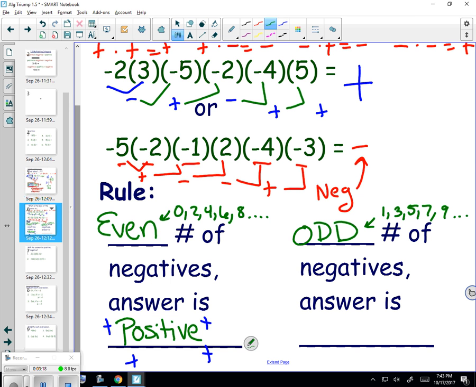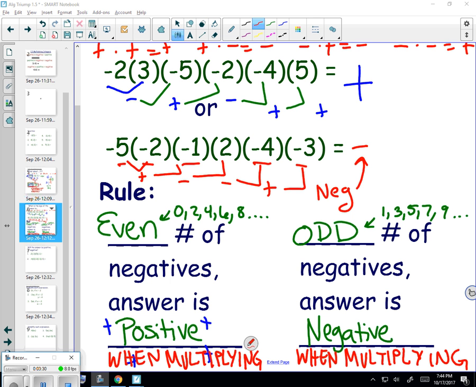An odd number of negatives, the answer is negative. But it's important to remember this is when multiplying. So let's clarify. An even number of negatives, when you're multiplying together, your answer is going to be positive. An odd number of negatives, your answer is negative when multiplying.